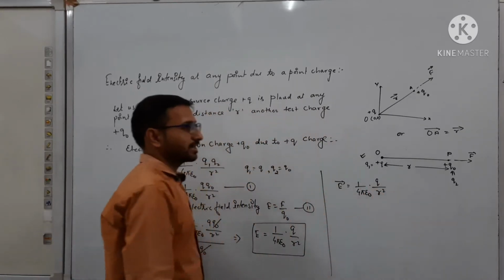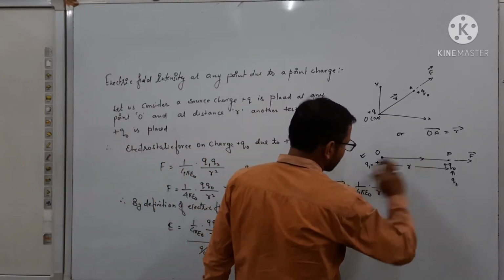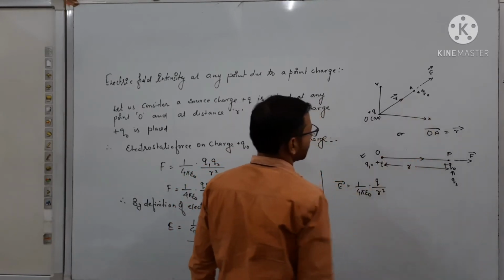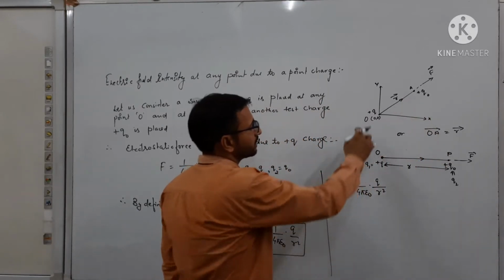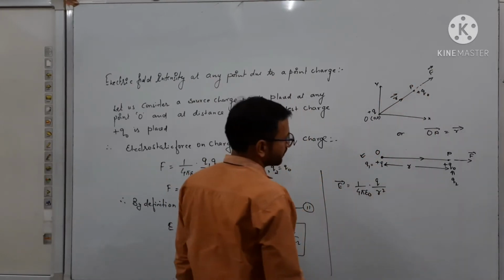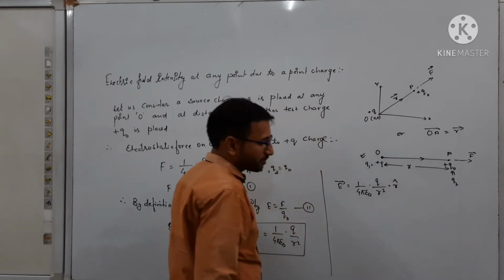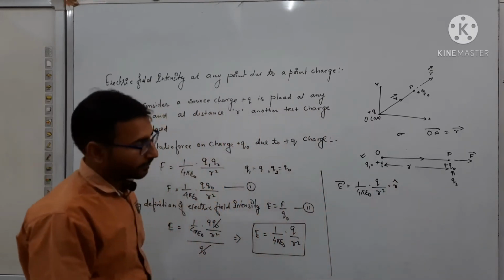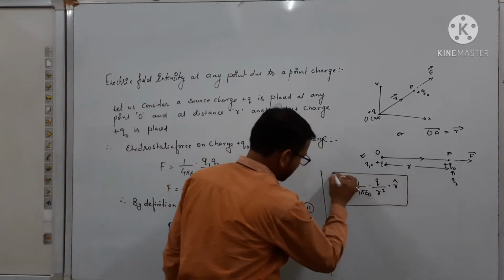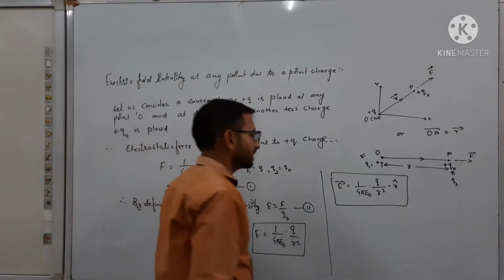As we know, r is the distance, and the direction of electric field will be from O to P, and similarly we can show it from the origin to any point A. If you want to write this as P, you can show the same. For the direction I will use r cap, the unit vector. Got it? So this is our vector form of the electric field intensity at any point P.